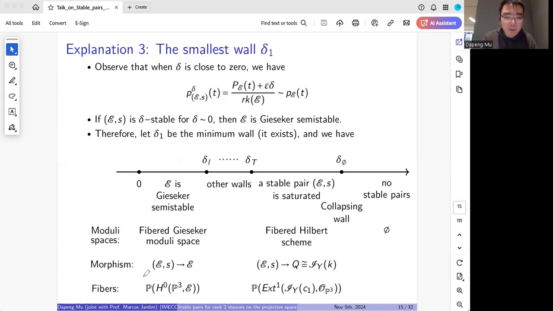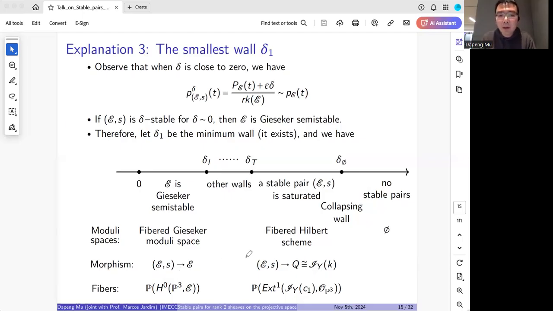Similarly, we have a morphism from the moduli of pairs to the moduli of Gieseker semistable sheaves, induced by the forgetful map. The fiber in this case is the projectivization of the global sections of the sheaf E.